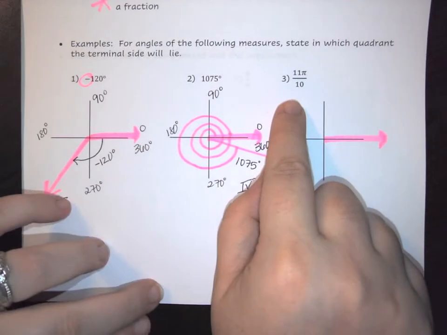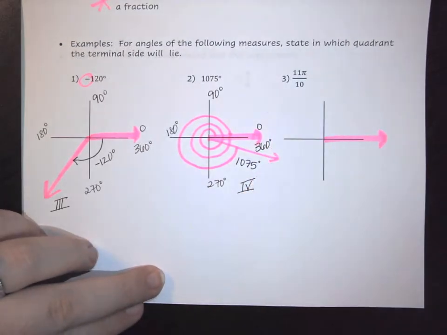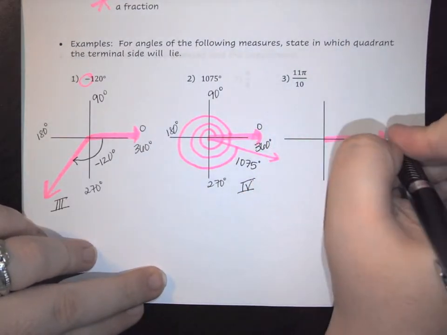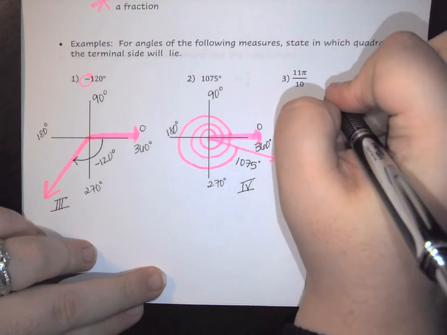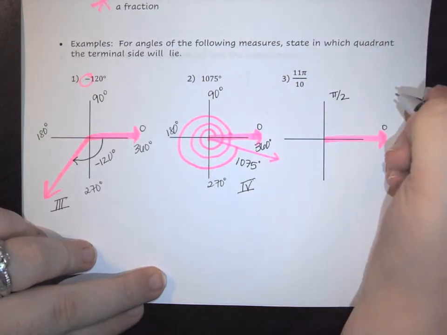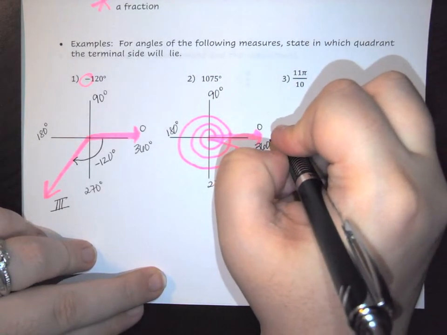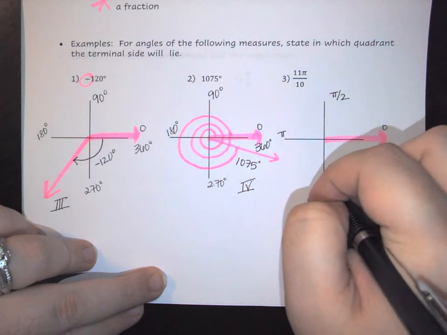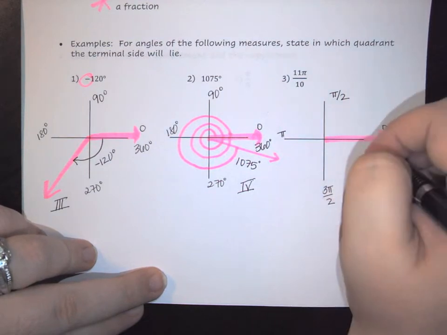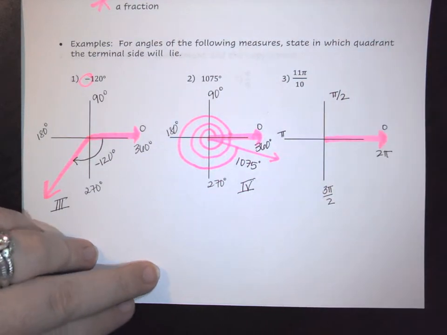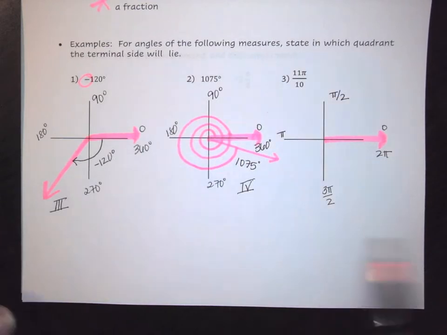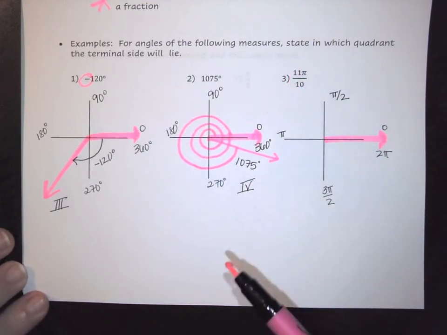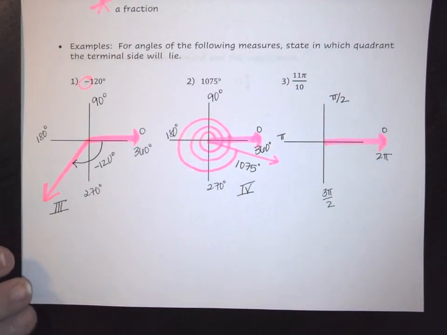Now for this one, notice we're in radians. And so again we have 0, pi over 2, pi, 3 pi over 2, and 2 pi. In this case, notice I have 11 pi over 10. There's a couple ways that you can do this.